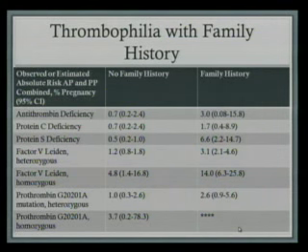So women who have this inherited thrombophilia with a positive history have a 14% chance of clotting in their first pregnancy, versus those who have protein S or protein C deficiency have a 1.7% clot.